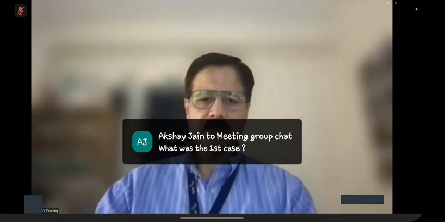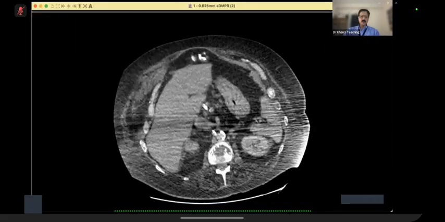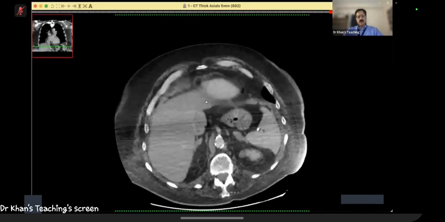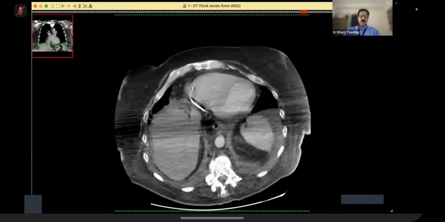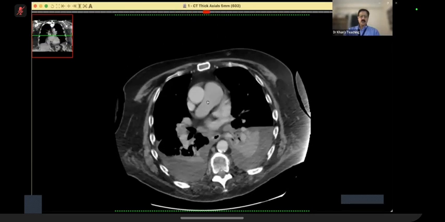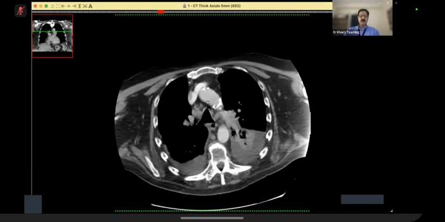And this is what happened with this patient, actually. So let me go through the case. Now, first of all, candidate one, as far as windows are concerned, you asked for a bone window without a lung window.